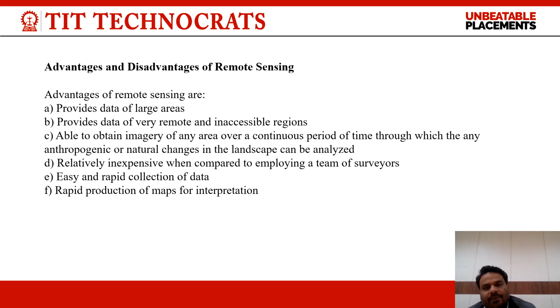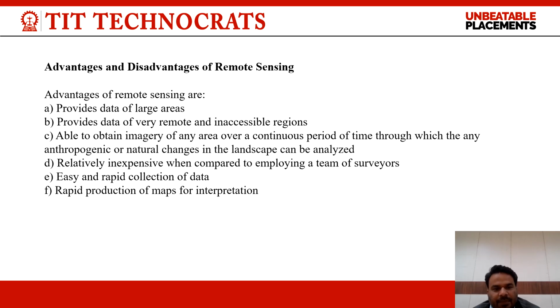Advantages of remote sensing: it provides data on large areas, provides data of very remote and inaccessible regions, and is able to obtain imagery of an area over a continuous period of time, through which any anthropogenic or natural changes in the landscape can be analyzed.